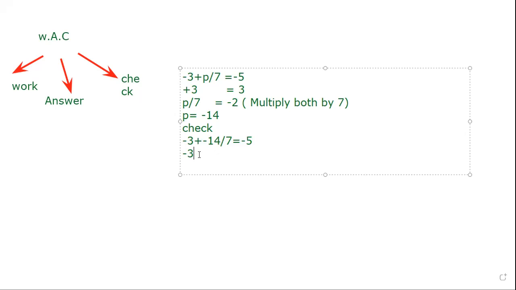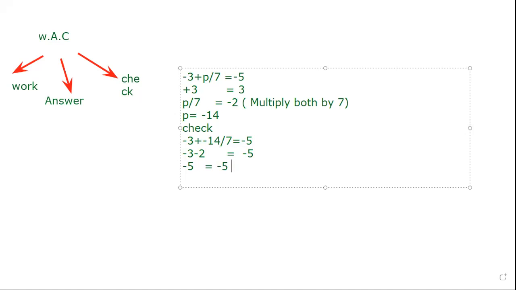It will be equal negative 2. And we still have negative 5 on the right side. Then by the end, the left side is negative 5, and the right side is also negative 5.